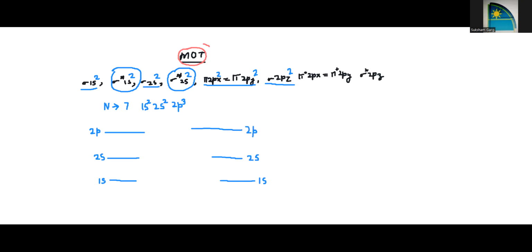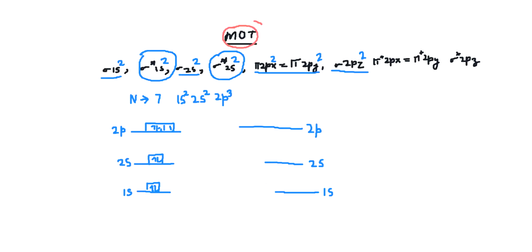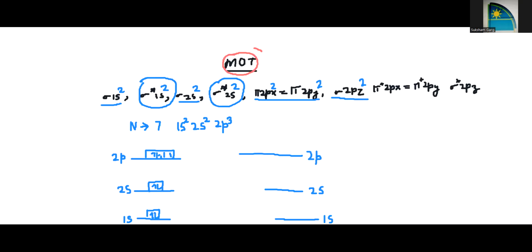Now, how many electrons were there in the 1s orbital? There are 2 electrons, so we will draw 2 electrons here. In the 2s orbital also we have 2 electrons. In the 2p orbital, we have 3 electrons, which have to be filled according to Hund's rule: 1 and 1 and 1 like that.